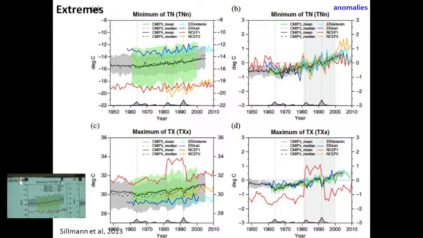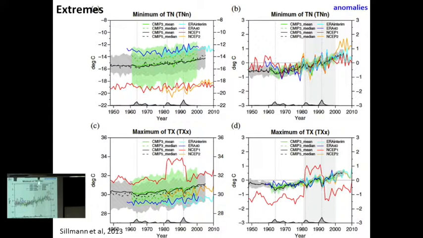And here is the minimum, here are the anomalies of the minimum. This means that the minimum temperature is increasing along the time. In the past, the minimum temperature was maybe 16, and now is 14, or negative.